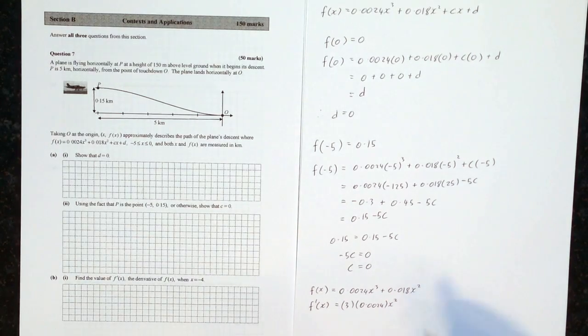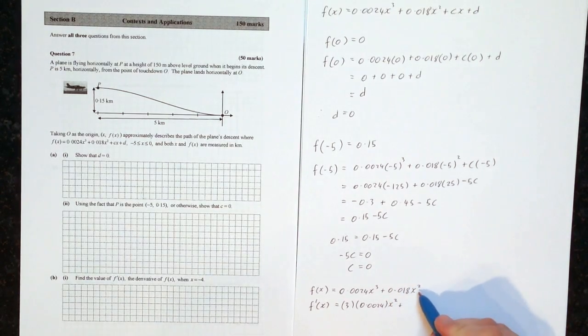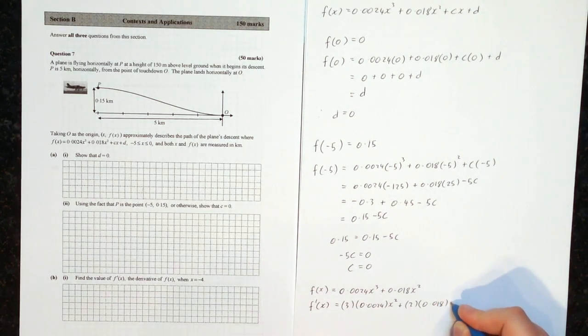We then want to do the same with this, so we're going to multiply by the power, which is 2. The number in front stays the same, and then we're going to reduce the power of x by 1, so it goes from 2 down to 1, and we don't need to write in a power of 1 because x is equal to x to the power of 1.